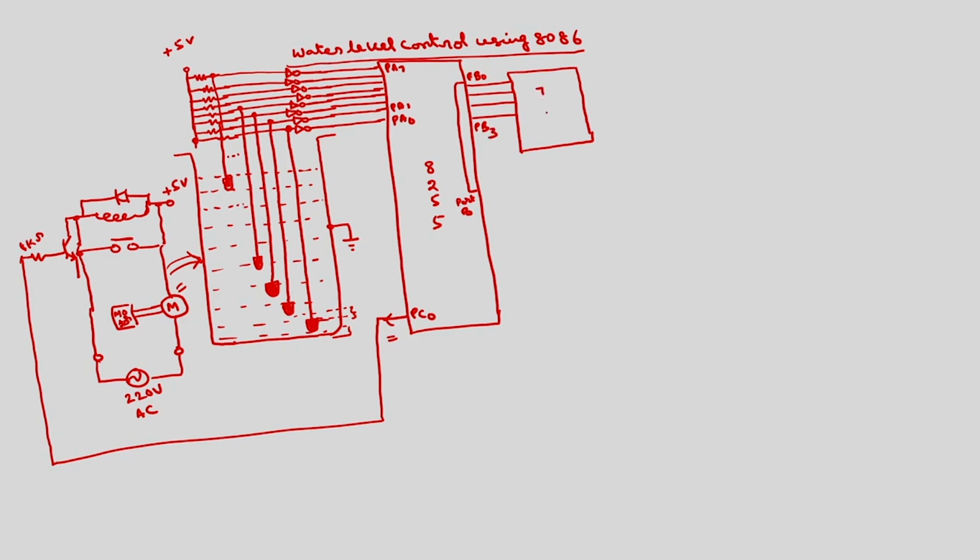This is 7447, which we have discussed in earlier classes. The 7 segments will be connected to each segment of the decoder, of course through resistors.